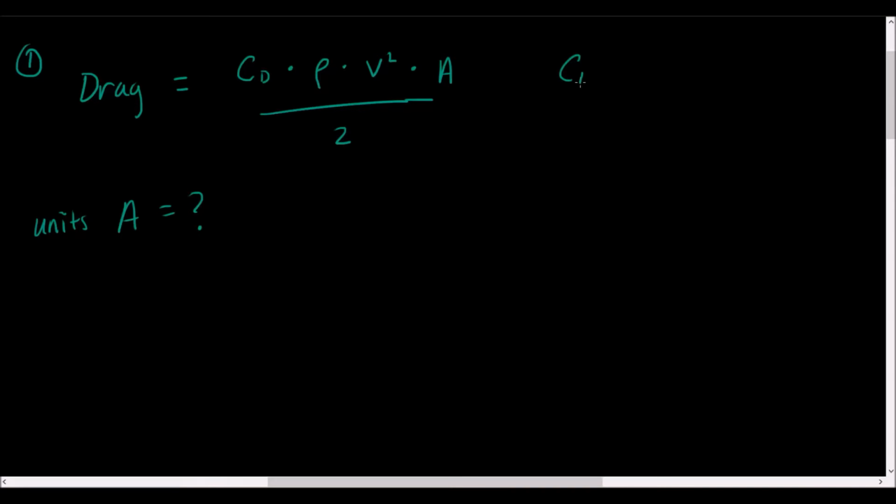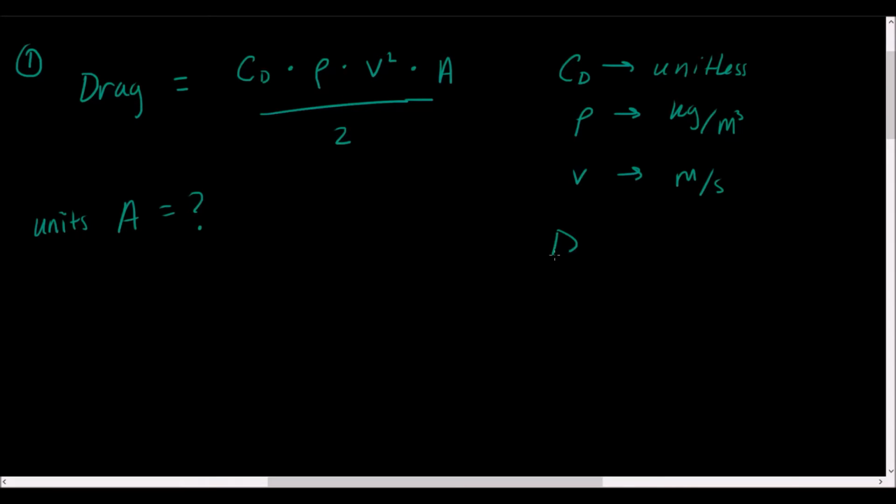So C sub D is apparently unitless. Rho here, this P-looking thing, is density, which has units of kilograms per meter cubed. V is in meters per second because it is velocity. A, I don't know.